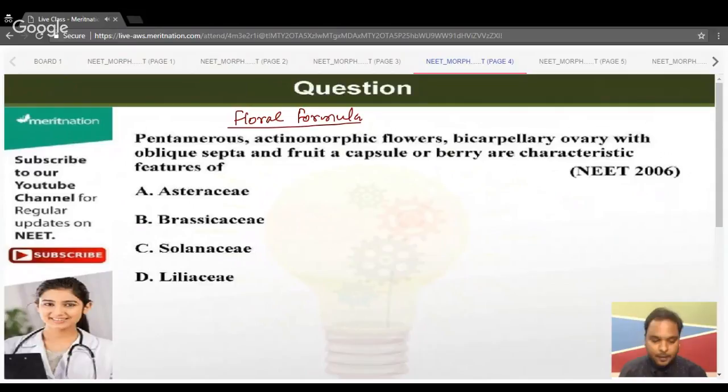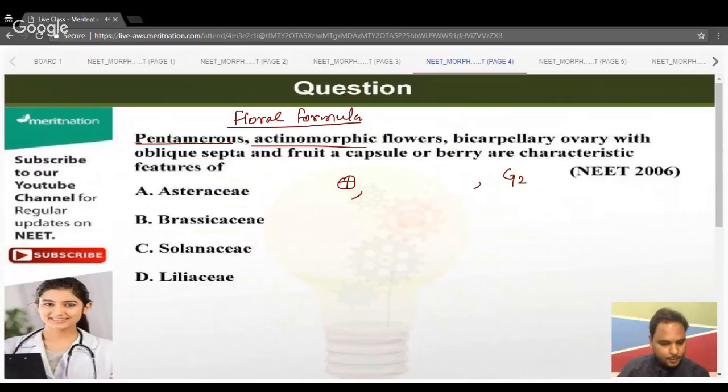Okay, right. If you understand, yeah. So if you try to understand pentamerous, okay, actinomorphic, we can draw actinomorphic like this. Though it's not written, it is usually bicarpellary, so we can write G2 here because there are two carpels. Okay, so we write G2. Right, everyone.